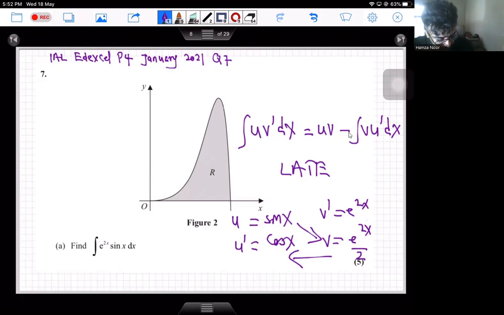So u times v is e raised to the power 2x over 2 multiplied by sine x, minus the integration of e raised to the power 2x over 2 multiplied by cos x.